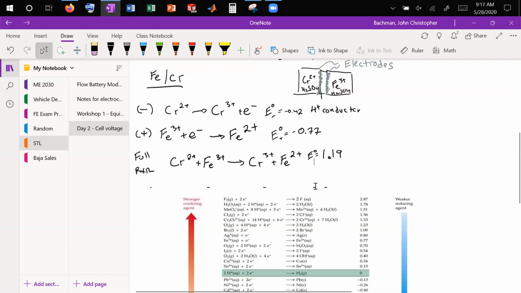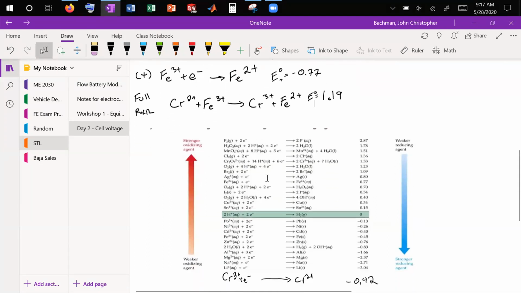So there's a lot of physics behind this table actually. You'll notice that stuff up on the top right of the periodic table is typically going to have higher redox potentials, right?